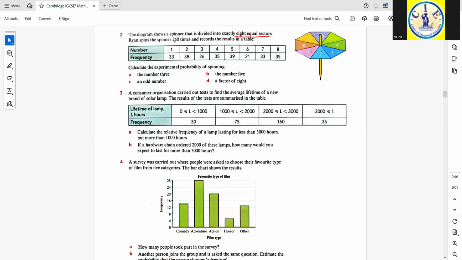Rayan spins the spinner 260 times and records the results in a table. Number 1 occurred 33 times. Frequency tells us the number of occurrences of a particular number in this case. 2 occurred 38 times and so on. Calculate the experimental probability of spinning the number 3.